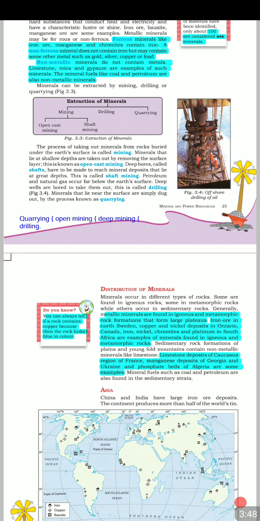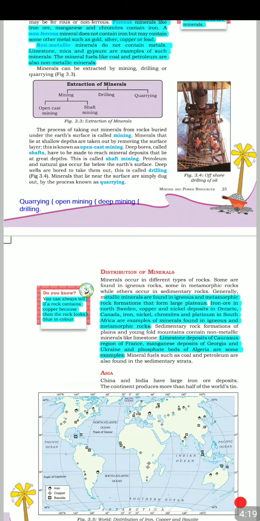For example, many times you'll see coal in northeast India using shaft mining, right? There are lifts, they go deep down, and when the resources are very deep, for example the oil or the gas, it involves drilling.